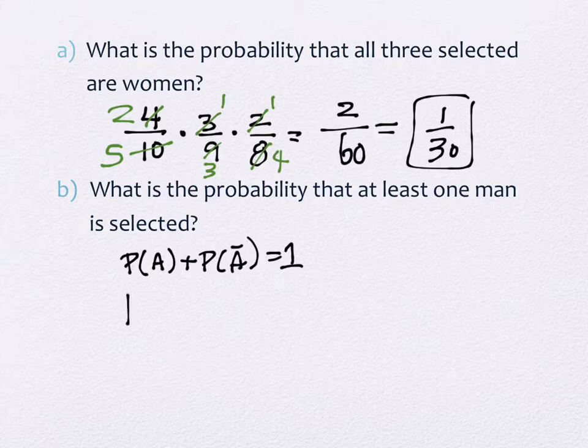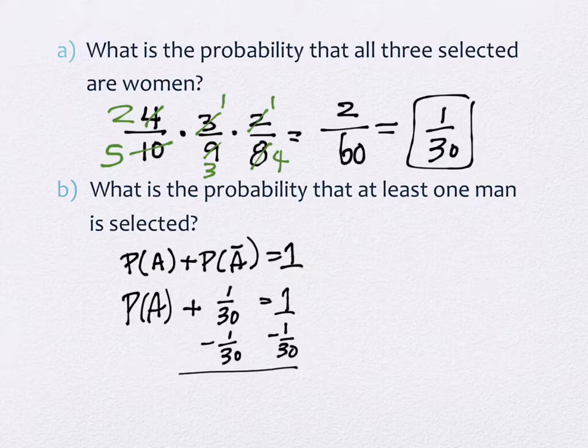Because what I want in this case is the probability of A, at least 1 man going. And I found the probability of A complement already on part A. It was 1 out of 30. That's the probability that no men go. And I can subtract. So what is this going to be if I subtract or I recount or whatever method you use?